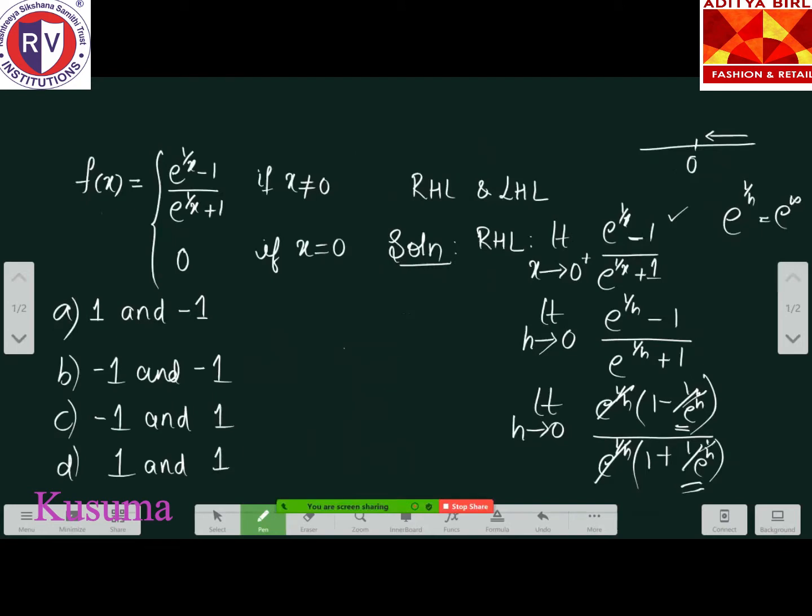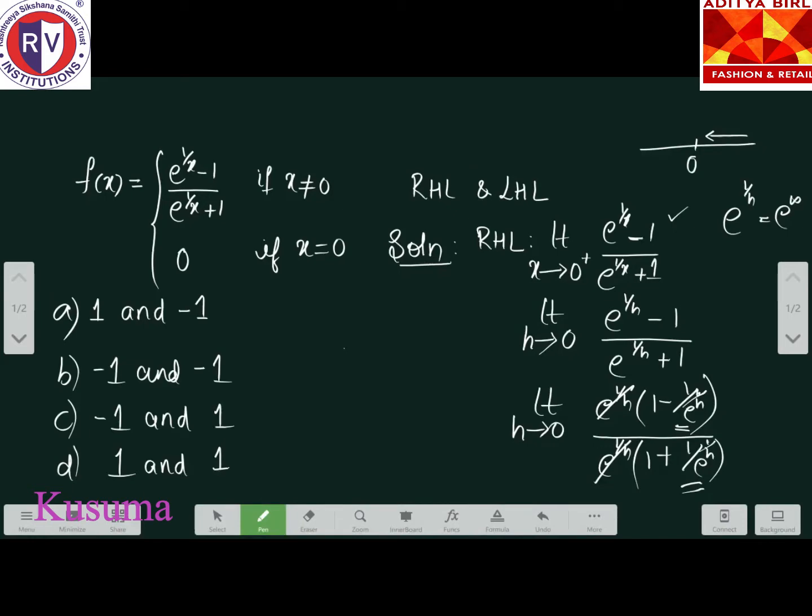Okay, you are asking that just as we did in the LHL, why can't we substitute h is equal to 0 in the RHL? Isn't it? The question is that one, right?